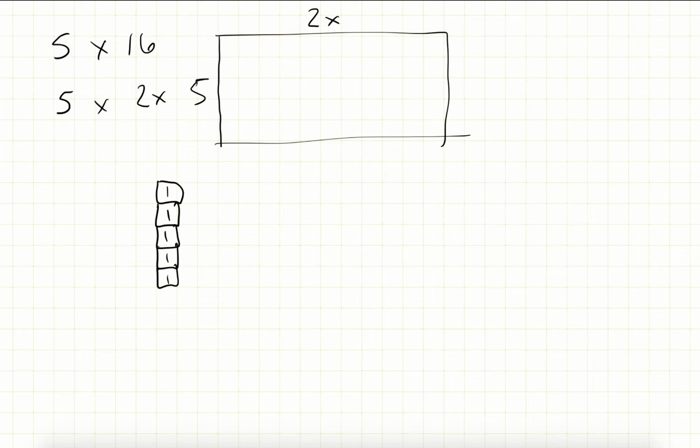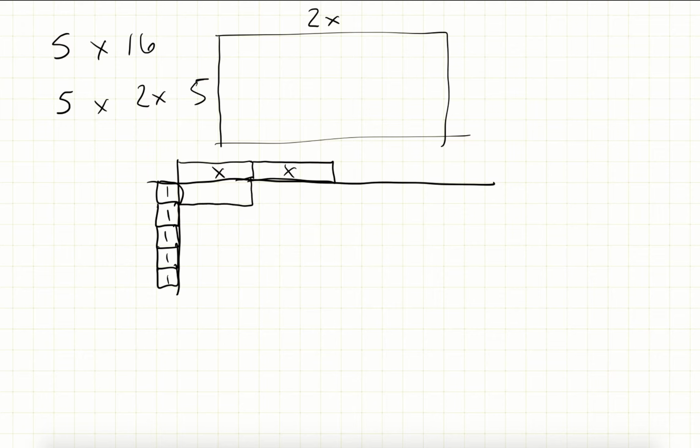And then on the top you'll have an x and an x. And so then one time, this is going to make 1x when I multiply, 1x, 1x, 1x. And actually, I'm going to use a different color for these so that you can see that this is my quantity here.